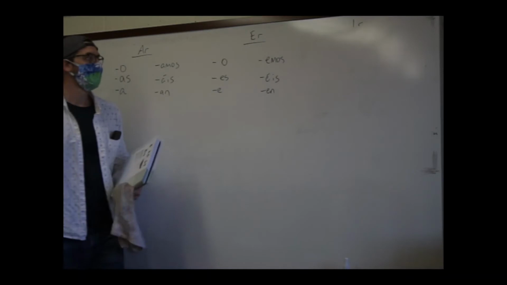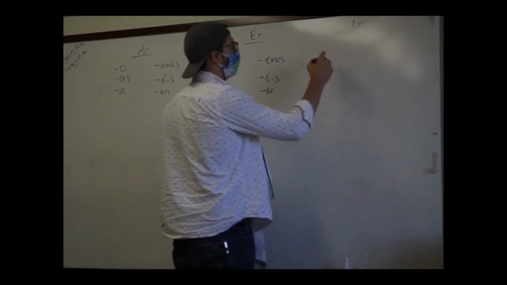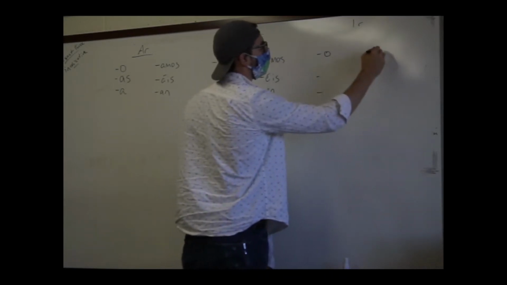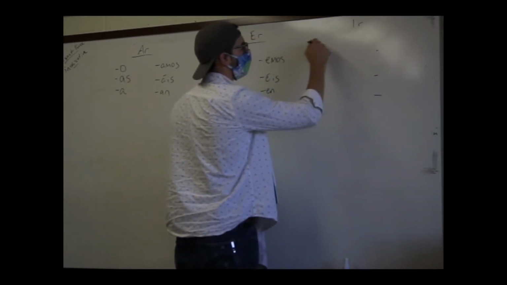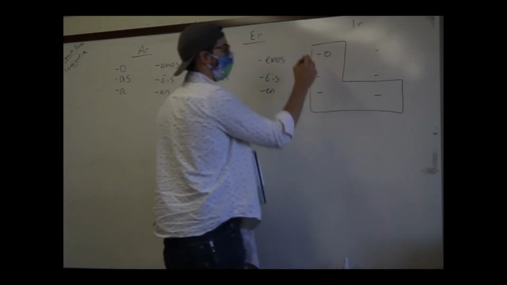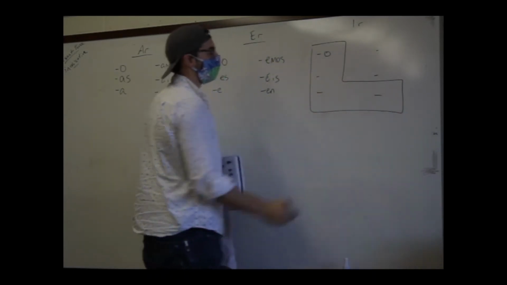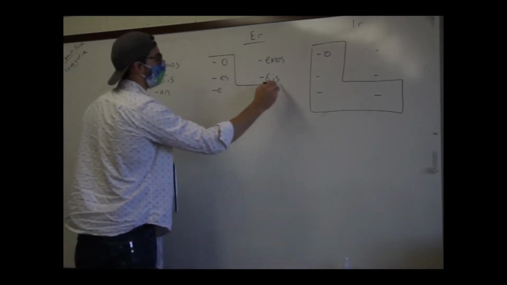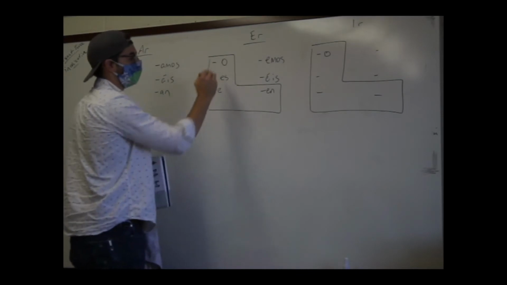Okay, now, IR verbs. We have O. I want you to do this. Draw some boxes around these four. Okay? Those four are going to be identical to the ER. So these four will be the same.